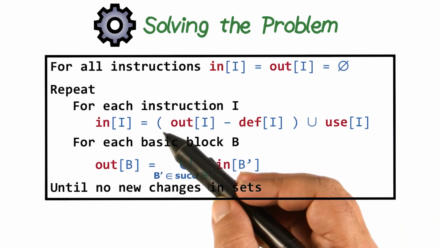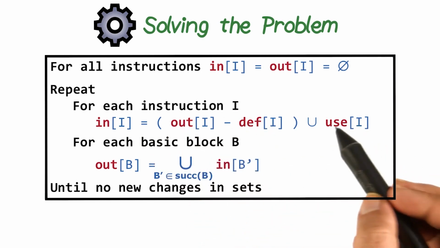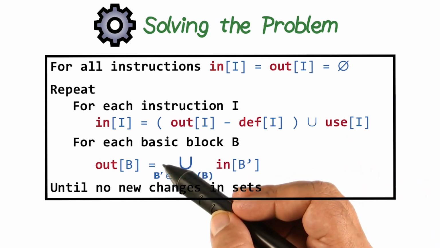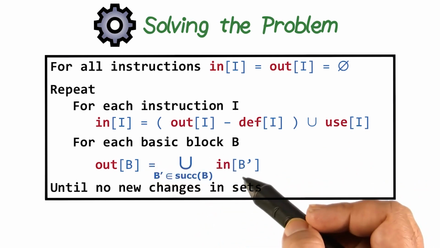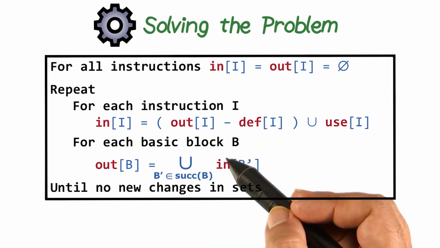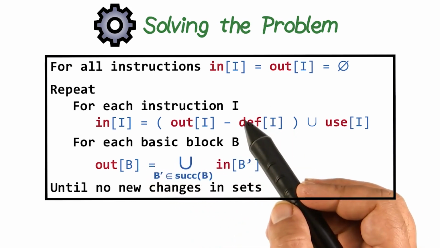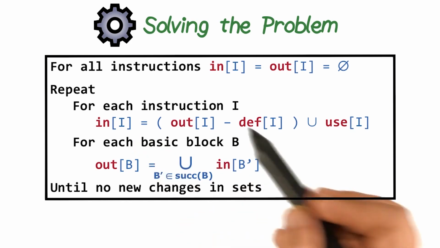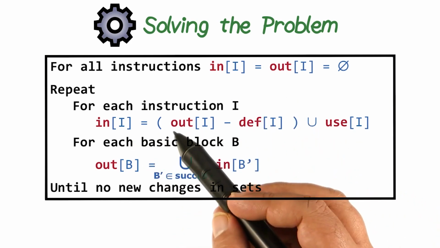We'll use this initialization of each of the in sets for the instructions, and then we'll go across the basic blocks by computing the out set of a given basic block using the in set of the successors. Then in turn we'll bring this out set into the current basic block, and compute in a backward way the respective in sets for each of the instructions and the in set of the basic block.